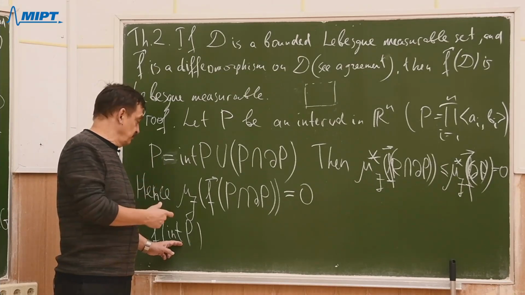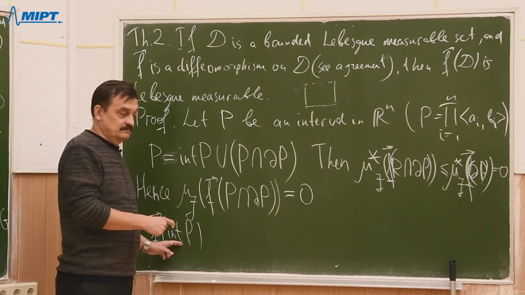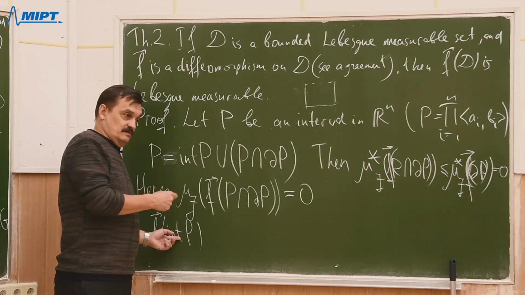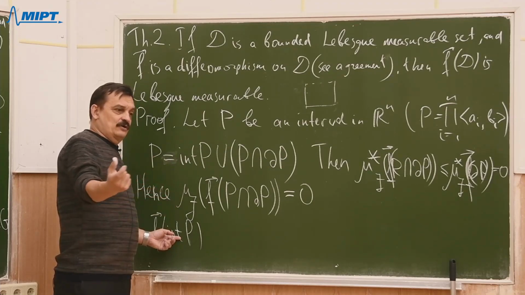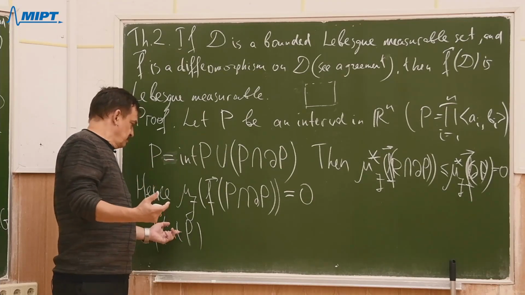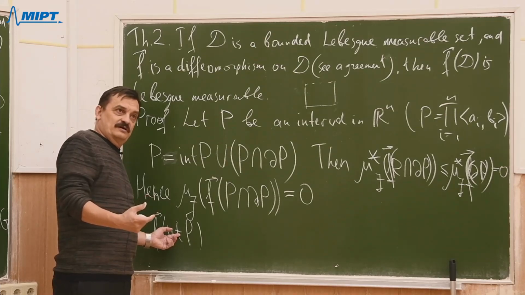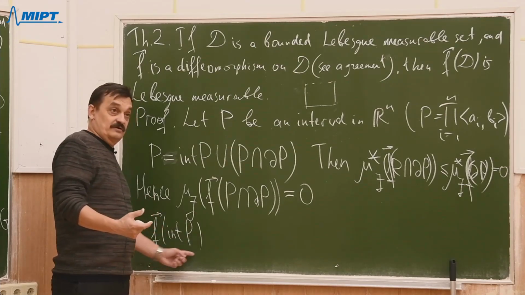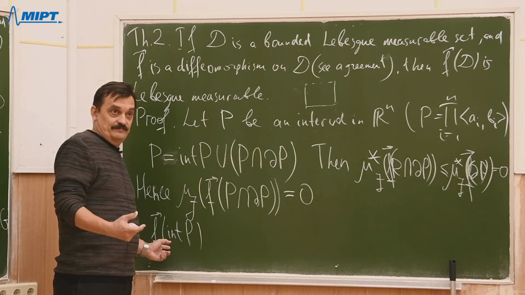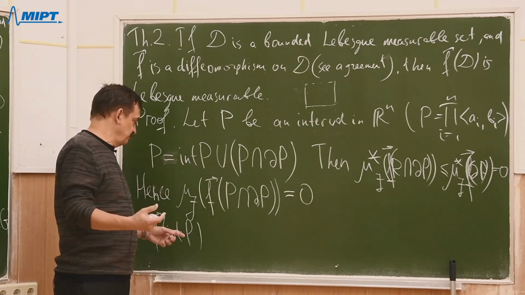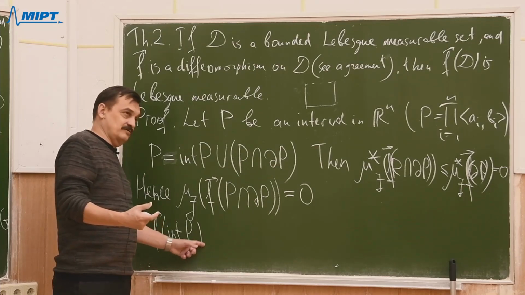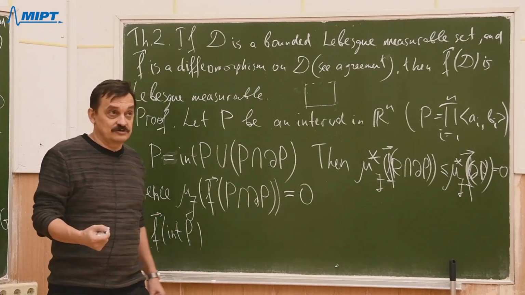And according to the inverse mapping theorem, you can obtain a 1-to-1 correspondence between a neighborhood of the point here and a neighborhood of the point in the image, right? Then it means that an arbitrary point in the image is also an inner point.